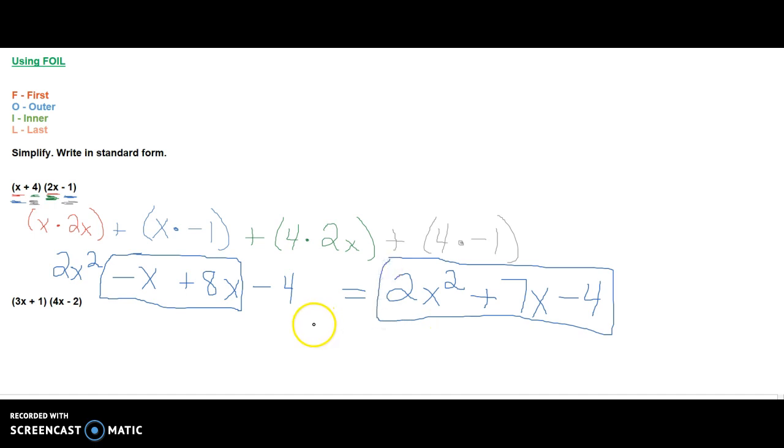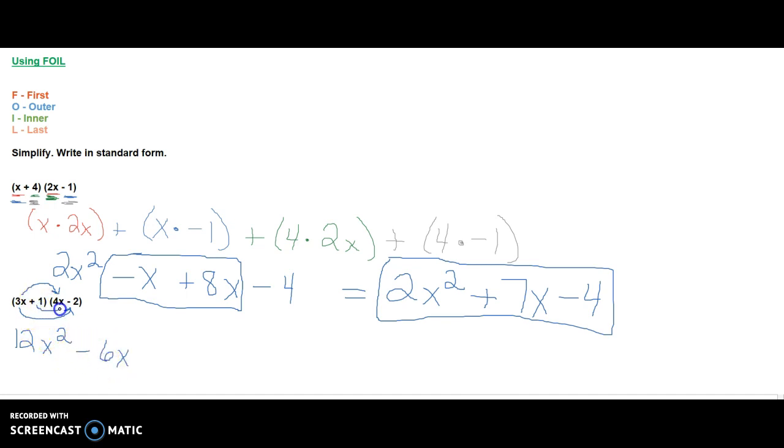Pause the video and try the next one on your own using the FOIL method. So let's check your work. First terms, 3x times 4x would give me 12x squared. Outer terms, 3x times a -2 gives me -6x.